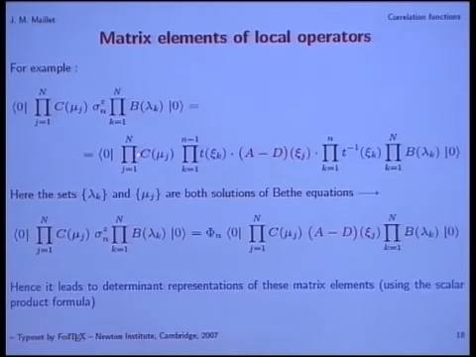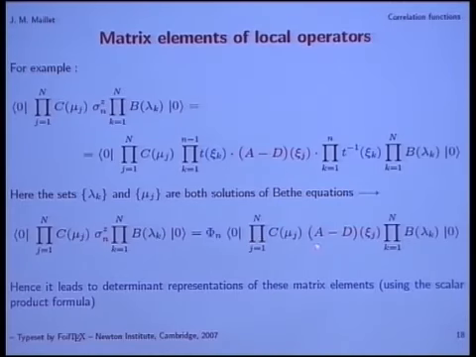So the action of this on this state will give just some number. Similarly, the action of this to the right will just give some number because it's an eigenstate of each of these T operators. So what you are left with is that the matrix element of your sigma z operator at site n between two beta states is just some function phi, which you get by the action of these transfer matrices to the left and to the right, times just the A minus D operator between these two beta states.